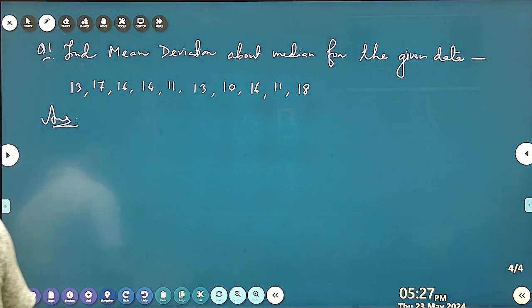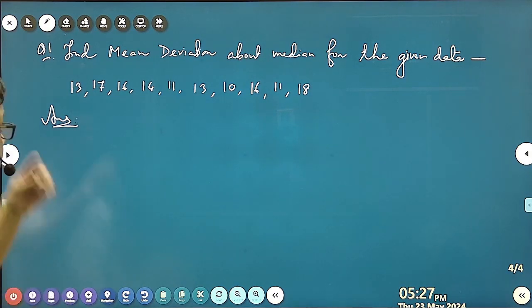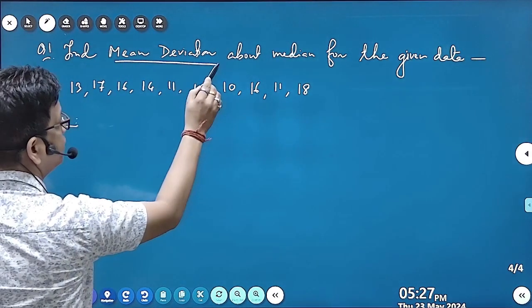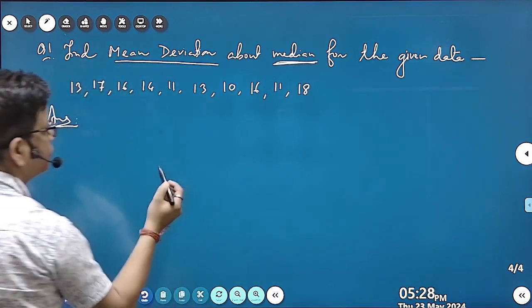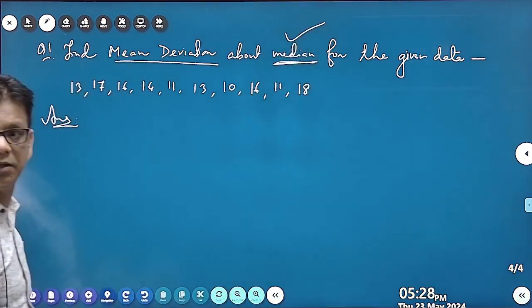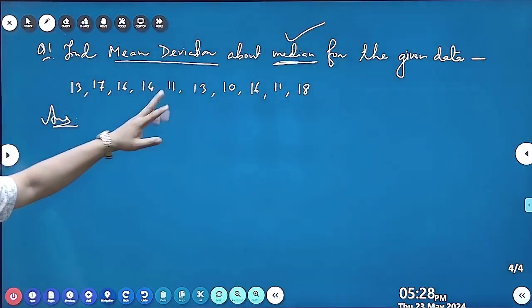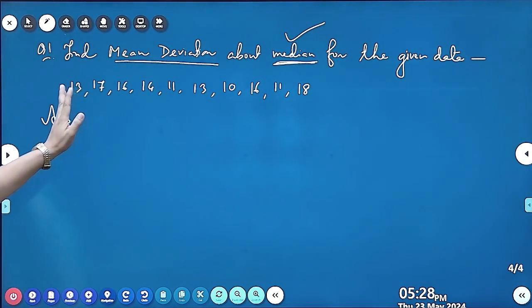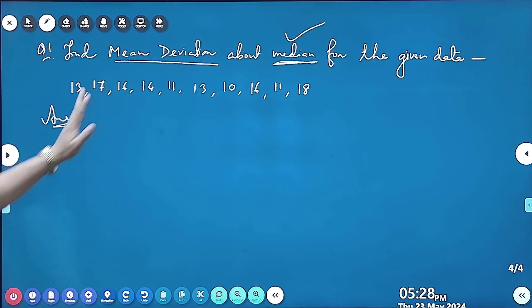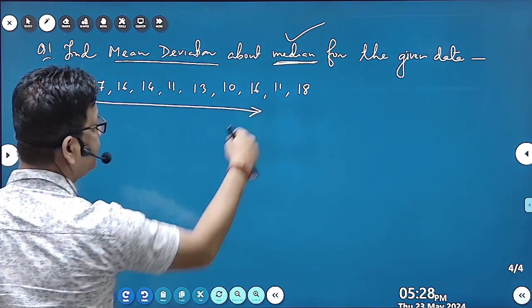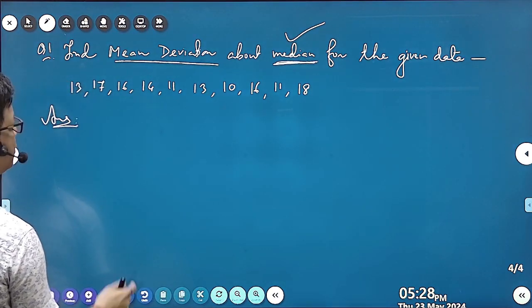To begin with, the question is mean deviation about median. So first of all, we should find the median for ungrouped data. The data should be arranged in either increasing or decreasing order, as already discussed in previous classes. Let us prefer increasing.